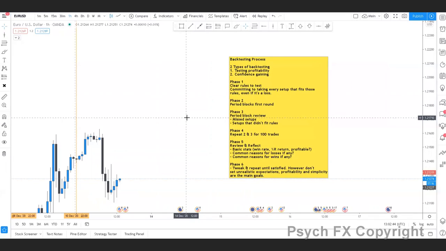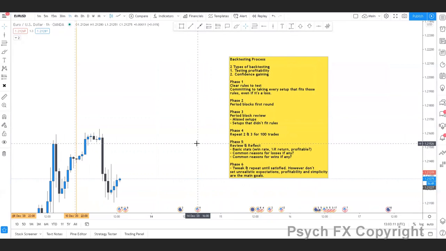So just focus on profitability and going through this process and making sure that you are profitable over 100 trades. But it's very important that you make sure, bringing it back to phase 3, that all those trades do fit your plan. You haven't missed any, because sometimes that can skew the odds, either making the success rate seem bigger than it is or smaller than it is, and it can lead you to misjudge the scenario.